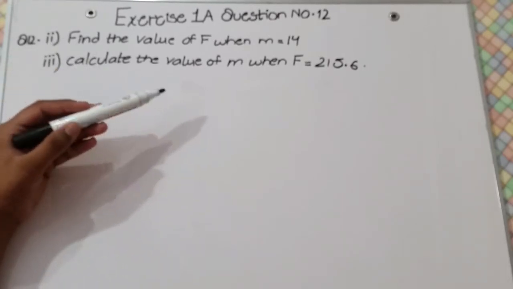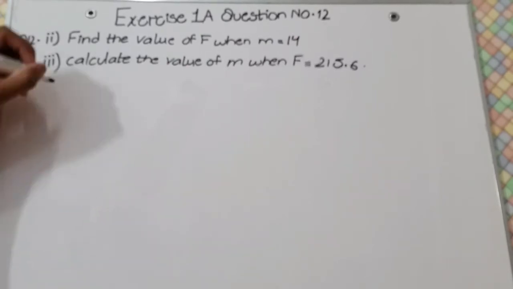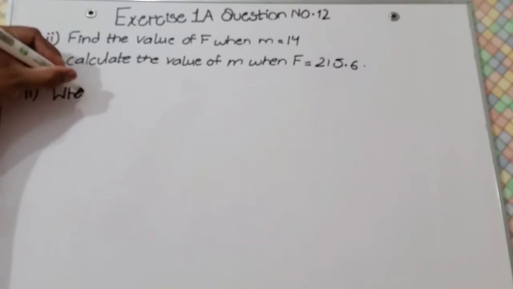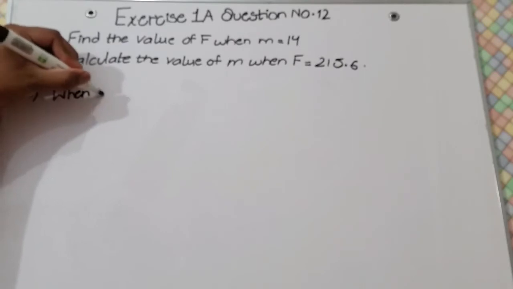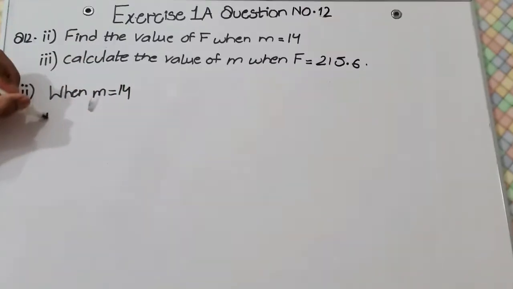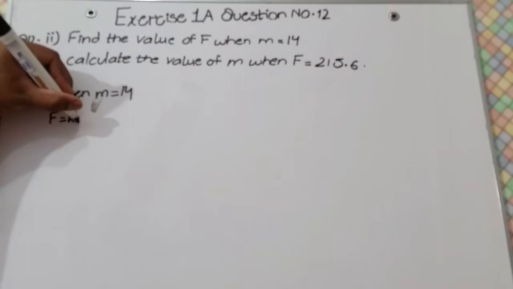Find the value of F when m is equal to 14. So in part 2 we are going to write, when m is equal to 14, our formula was F is equal to Km.